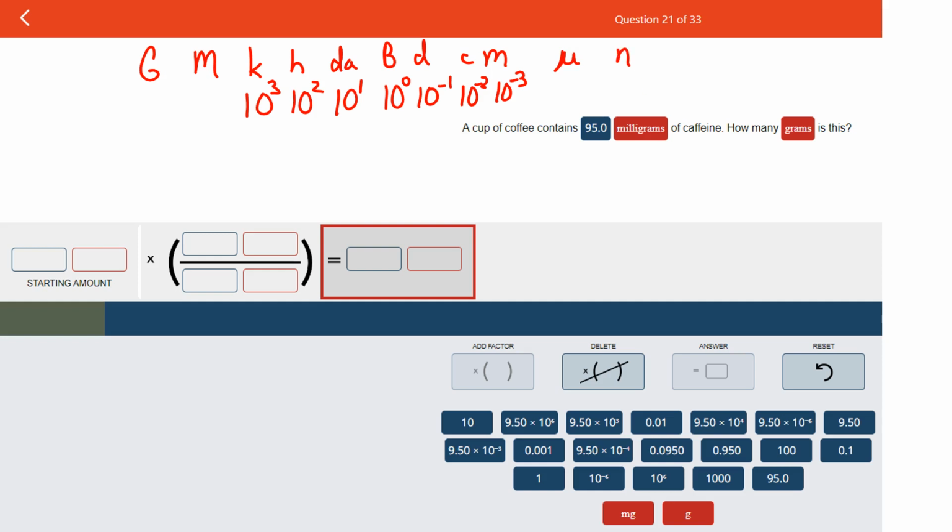So kilo to milli is easy because it's just a power of 1 exponent change. What we have to remember is when we jump from kilo to mega, it goes up by 3. And then when we go from mega to giga, it goes up by 3 again.